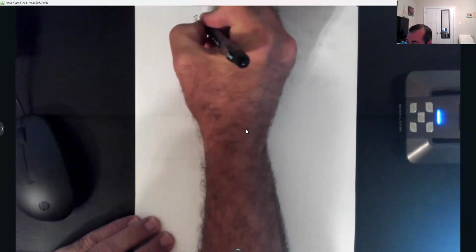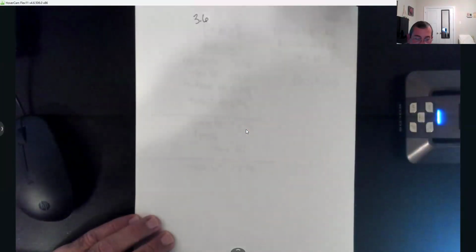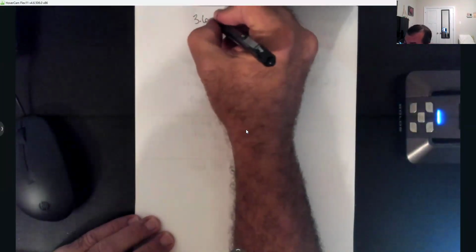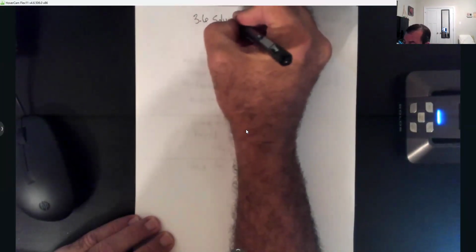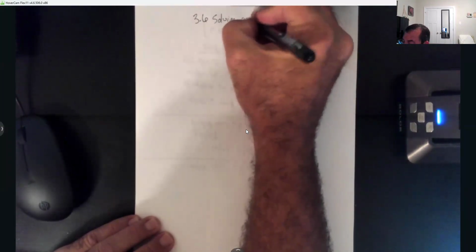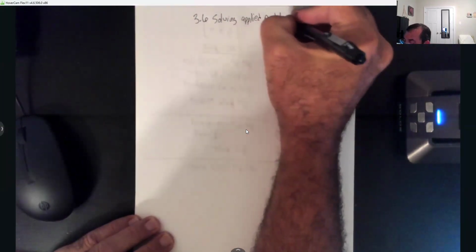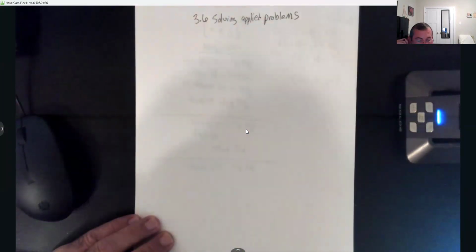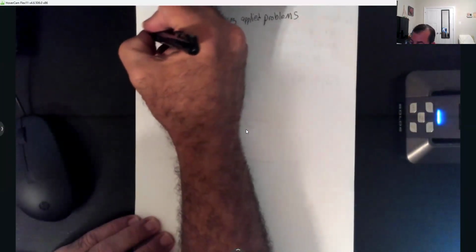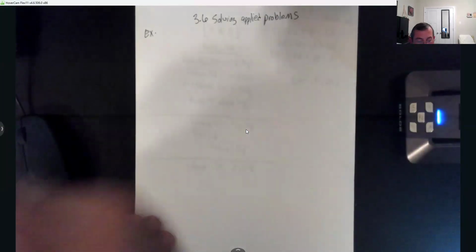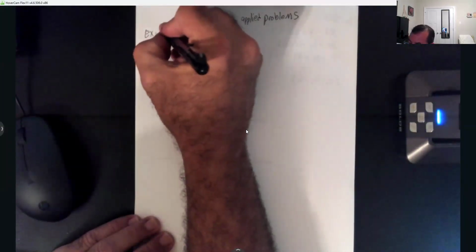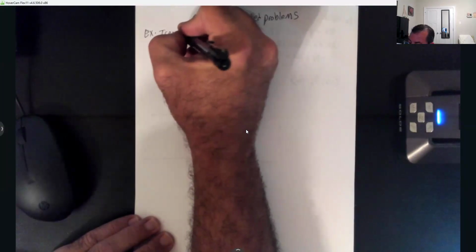So y'all check this out. 3.6 is doing the same thing, except these are word problems. This is called solving applied problems. So y'all, it starts out with wanting y'all to translate the statement.